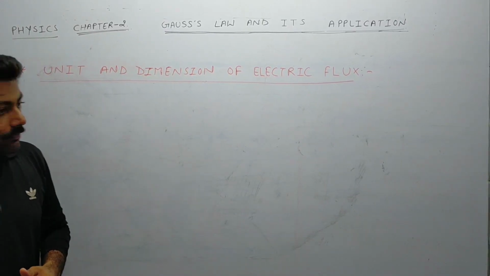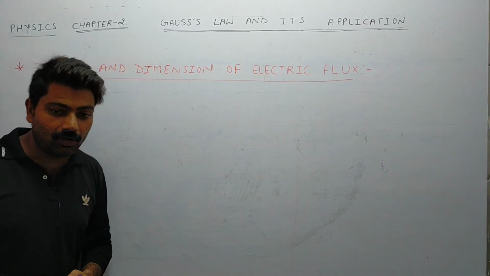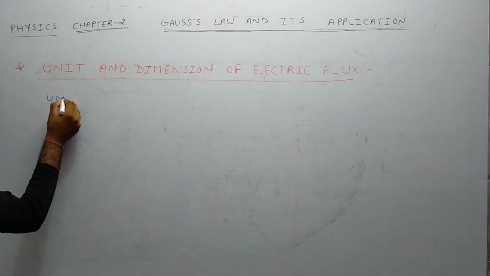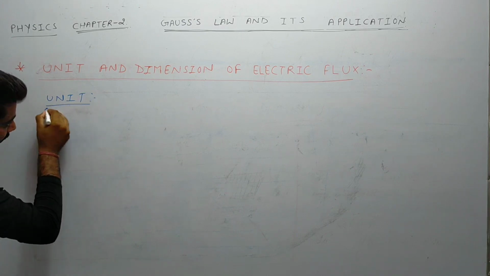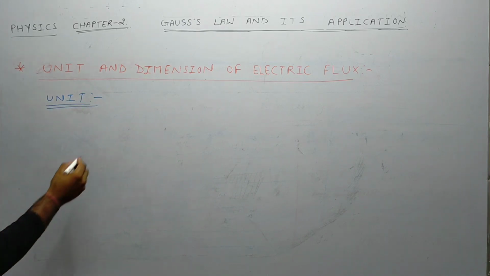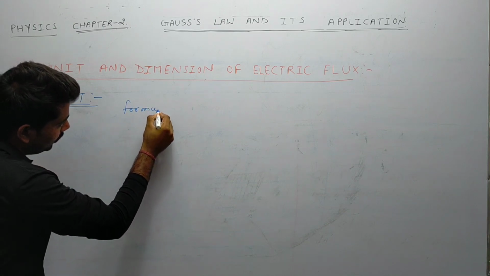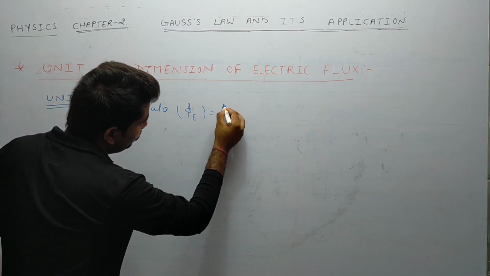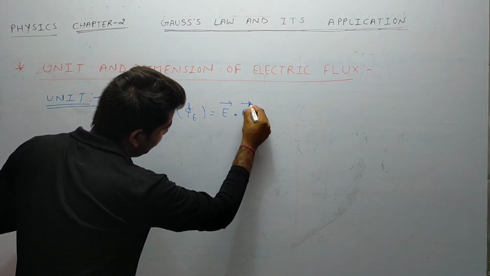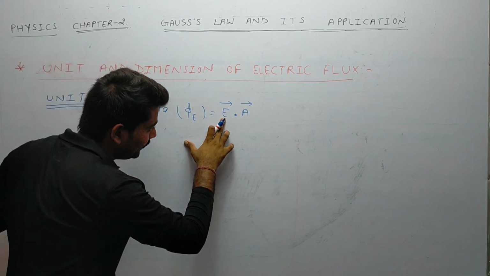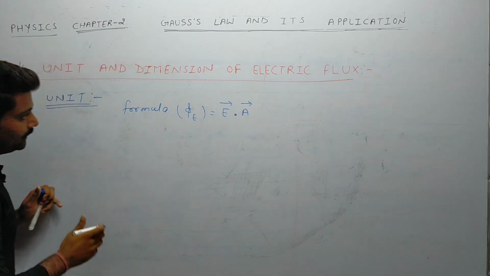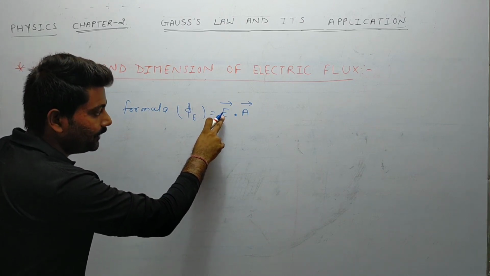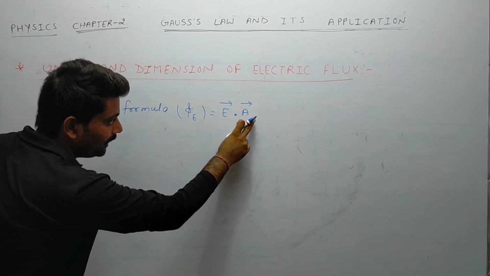Okay, dear students, now we will talk about the unit and the dimension of electric flux. First of all, the unit of electric flux, the SI unit. According to the formula of electric flux, phi E is equal to E vector dot A vector. E vector is the electric field and A vector is the area vector. So, first of all, we have to put the unit of E vector and then the unit of A vector.